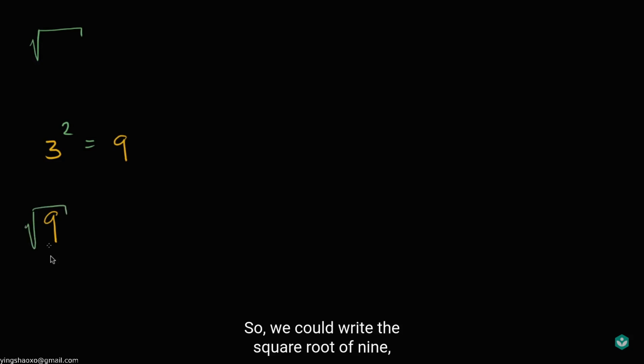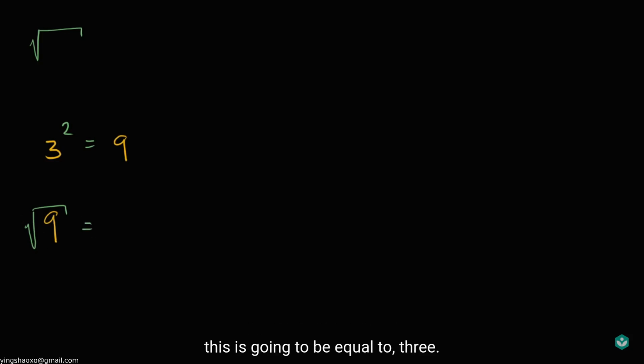Well, as you can imagine, that symbol is going to be the radical here. So we could write the square root of 9. And when you look at it this way, you say, okay, what squared is equal to 9? And you would say, well, this is going to be equal to 3.